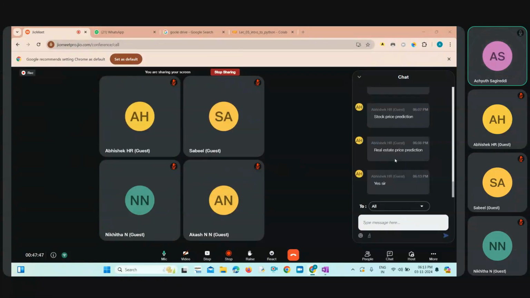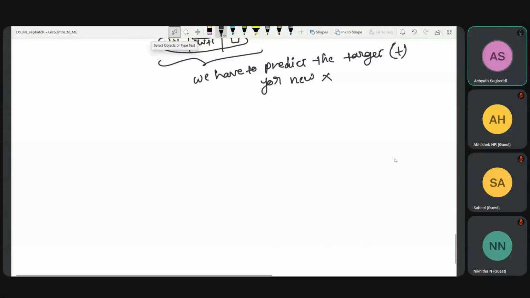So we'll see what the common regression algorithms are.